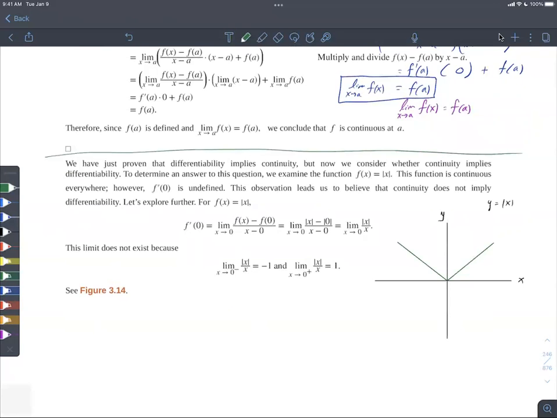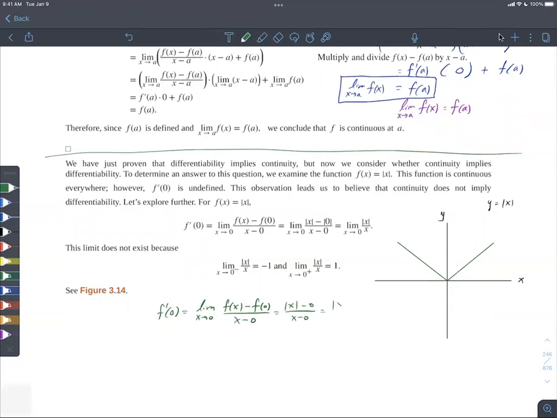And let's explore further. For f of x equals the absolute value of x, what is f prime of 0? We'll use the limit as x approaches 0 of (f of x minus f of 0) over (x minus 0). f of x is the absolute value of x, f of 0 is 0, x minus 0.